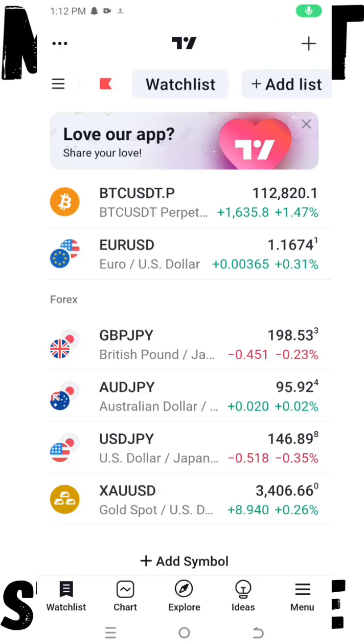Hi guys, have you ever asked yourself how do the professional traders get in on trades, or how do they exit trades? How do they know where to place their risk, where to take profits? Or have you ever asked how they know the next move of the market?